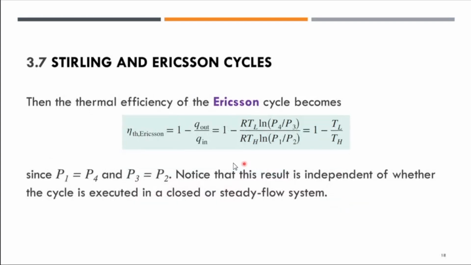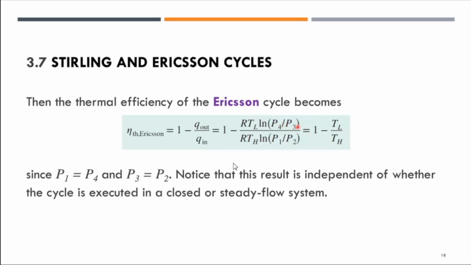Then the thermal efficiency for the Ericsson cycle becomes as follows. We know that the thermal efficiency, zeta TH, for the Ericsson cycle is equal to 1 minus Q out over Q in, right? And then you put all of the expressions that we have already worked out and you cancel it out, you will get the value of TL over TH, because the Ericsson cycle is at constant pressure.